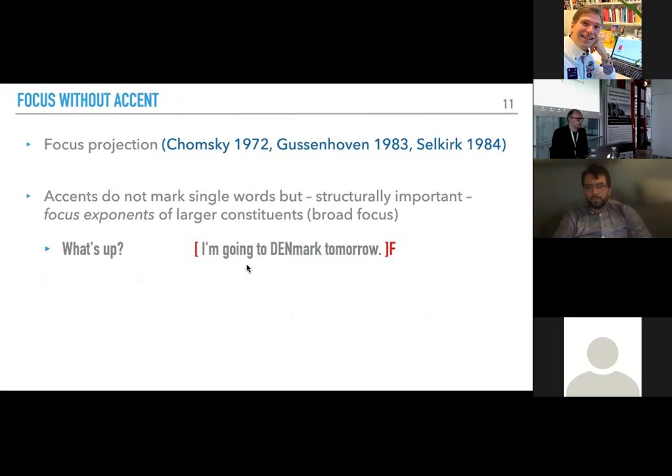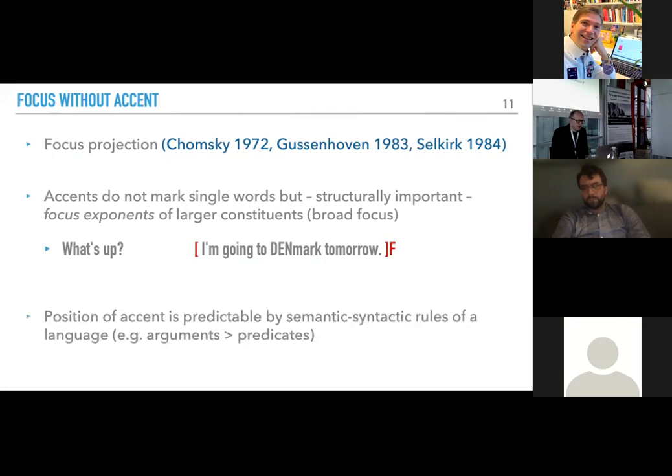I'm going to Denmark tomorrow." So we just have an accent on Denmark, which is the focus exponent of this broad focus sentence or utterance, but not every word is accented. So a very strict focus to accent approach should lead to an accent on every single word.